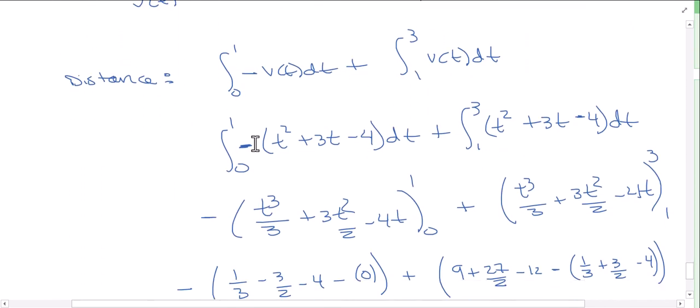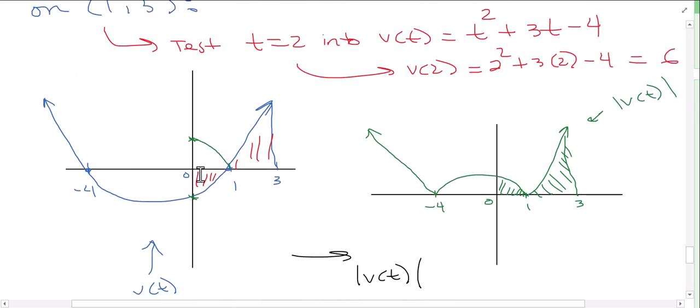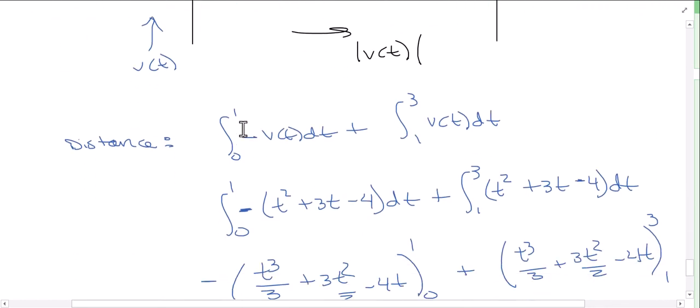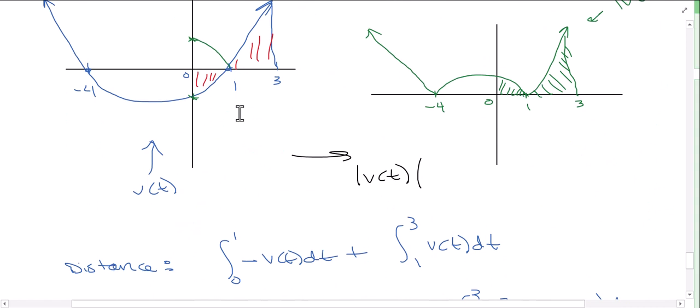But that kind of helps us see, if you can get your hands on the graph, it helps you visualize the displacement, right? The net change, the net area, is the sum of the area below the axis and above the axis. So below the axis just means that the velocity is negative. And for the total distance traveled, you have to do the absolute value of the velocity.